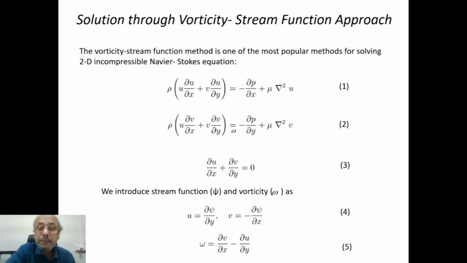Then u velocity becomes del psi del y, v velocity becomes minus del psi del x, equation 4, and omega we have already defined in our preliminary discussions, that omega is vorticity, del v del x minus del u del y.